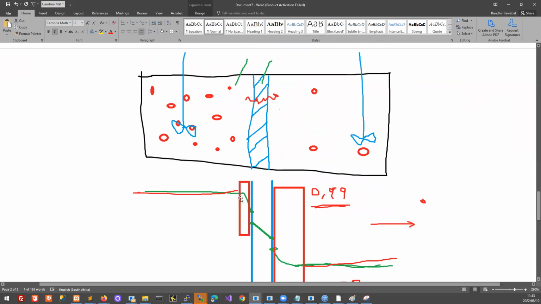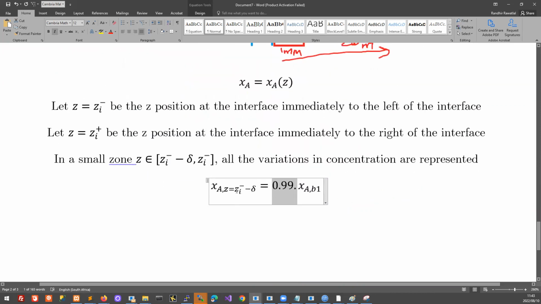You can see here on the left face of this, we are very close to being at the bulk mole fraction. So there's your bulk mole fraction, and we are very close to it at this point. So at Z equals Zi minus minus delta, we are at 99% of the bulk value.